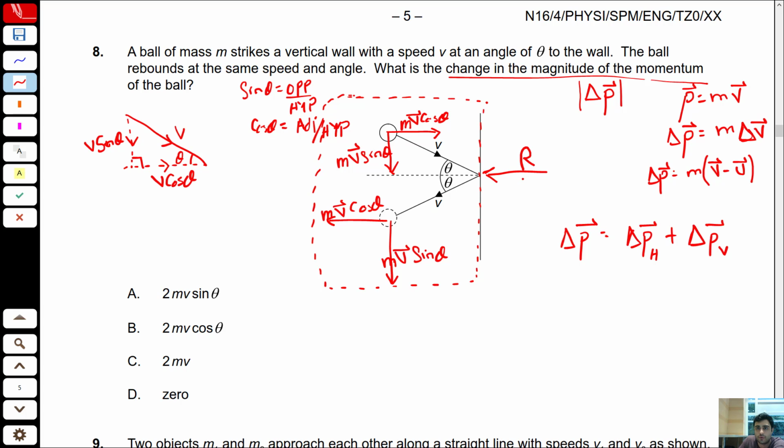This is a result of Newton's third law: for every action, there is an equal and opposite reaction from the wall. So the wall provides an impulsive force to the ball, and this impulsive force is always perpendicular to the plane. This is the wall plane, and the normal contact force is always perpendicular to the wall. So it has to be horizontal for it to be perpendicular to the wall.